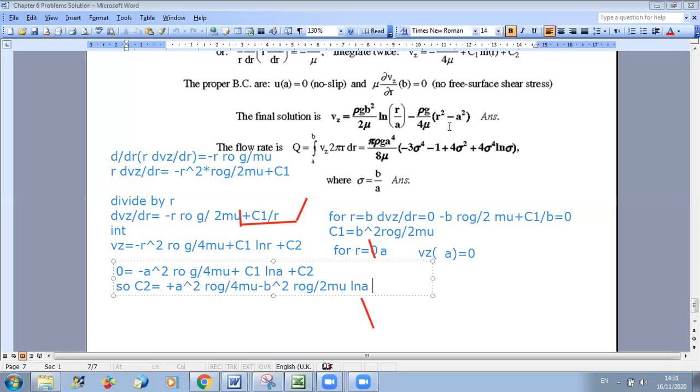And you can take also another term into factor, which is rho g over 4 mu. So if you take rho g over 4 mu, you get into factor a squared minus r squared. Do you want me to replace in detail, or is it fine? If you want, we can do it step by step to get this relation.